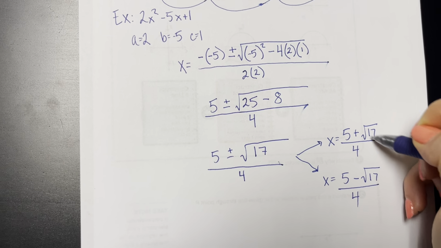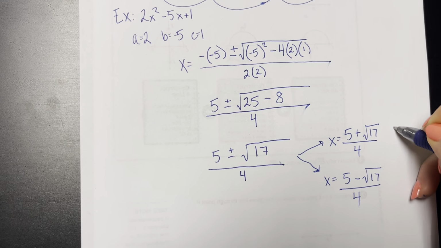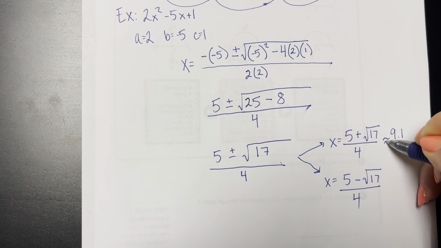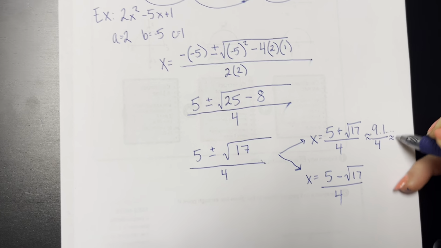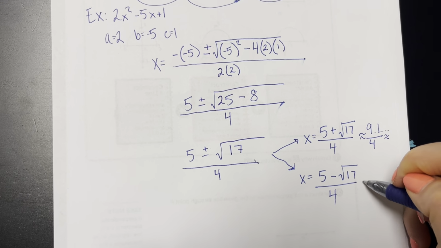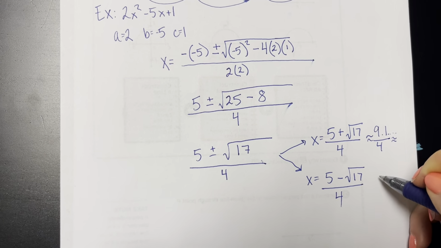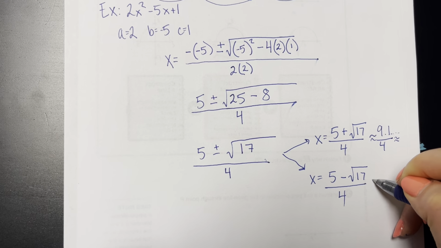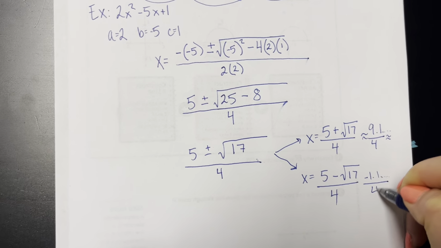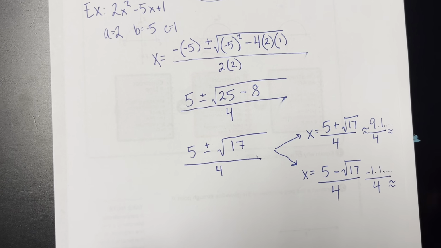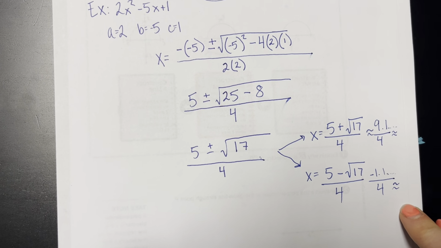So 5 plus that thing is like 9 point something divided by 4, which is something else, I don't know. And then 5 minus 4 point something is like -1 point something divided by 4. And that's something else. And you'll get approximate answers.